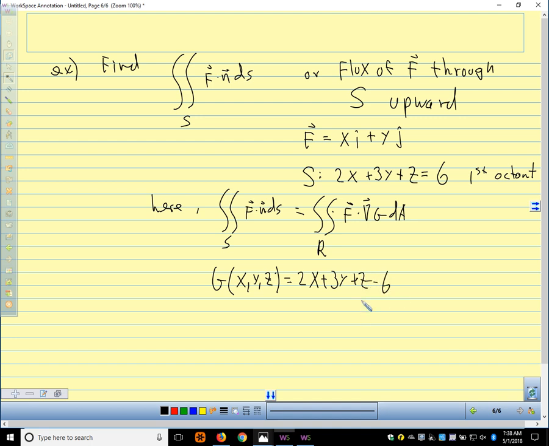We could leave it as equals 6, I just wrote it as minus. So del g, nice easy gradient. Del g is 2 i hat plus 3 j hat plus k hat.